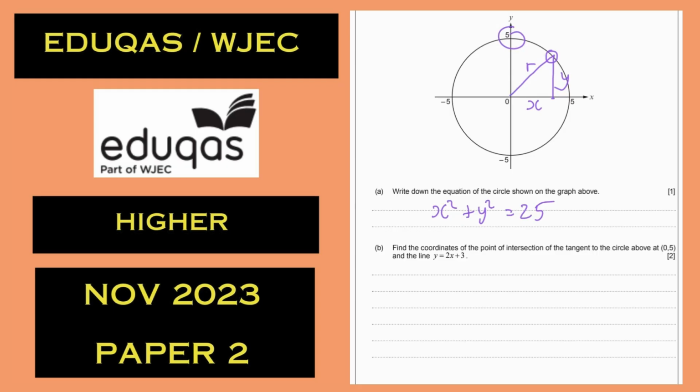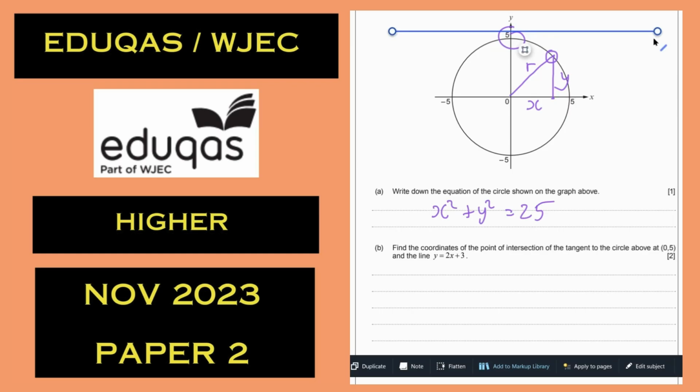Now part B is pretending to be massively difficult. It's not. Find the coordinates of the point of intersection of the tangent to the circle. In other words, folks, just a horizontal line that I'm putting in a really bad place. That'll do the job. There is the tangent to the circle.